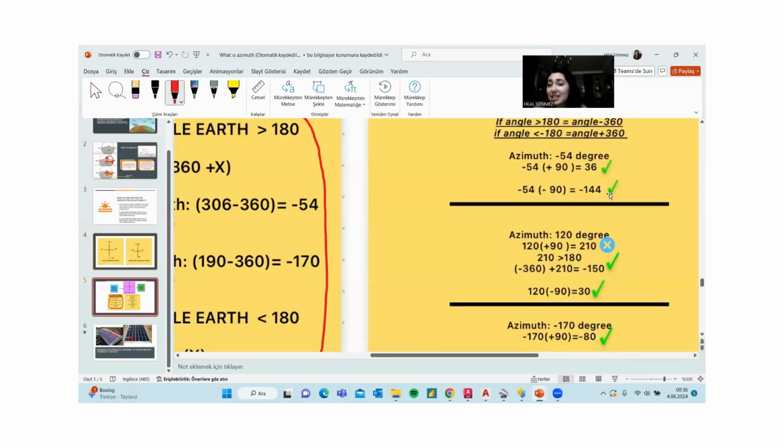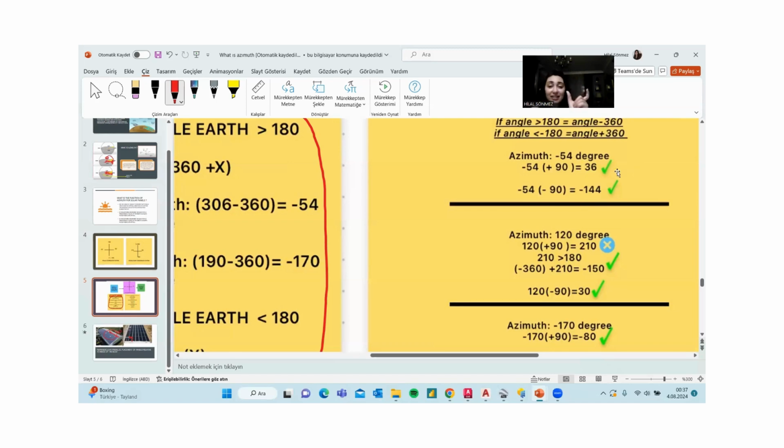And these two angles that we attained are not greater than 180 degrees or less than minus 180 degrees.